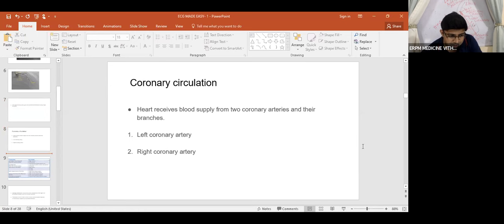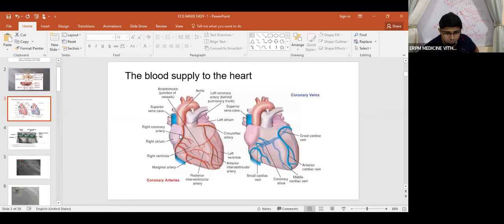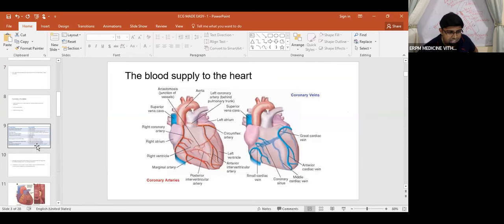So this is what we have discussed: the heart is getting its blood from these two arteries. Coming back to the area supplied by the individual vessels, the left anterior descending artery supplies a part of the left ventricle, a part of the right ventricle, and the anterior 2/3 of the interventricular septum.